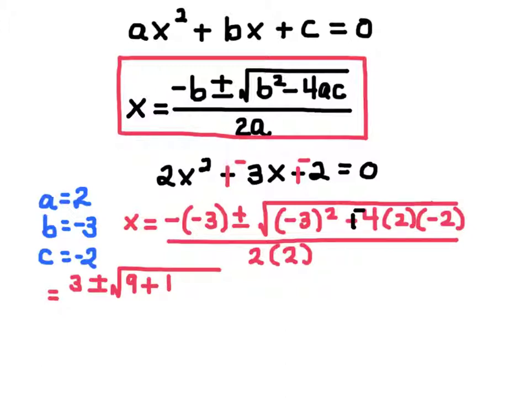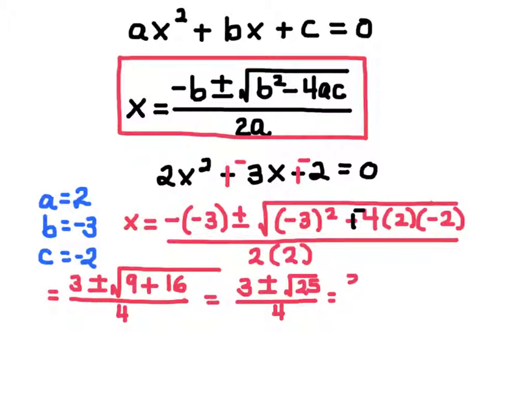So this is 16. And then in the denominator, I have 2 times 2, which is 4. So this becomes 3 plus or minus the square root of 25, over 4, which is equal to 3 plus or minus 5 over 4.